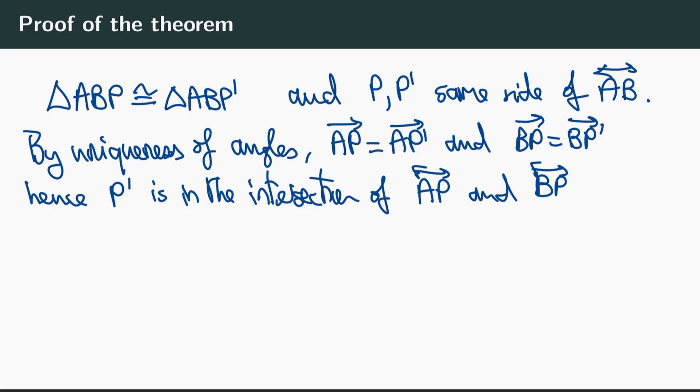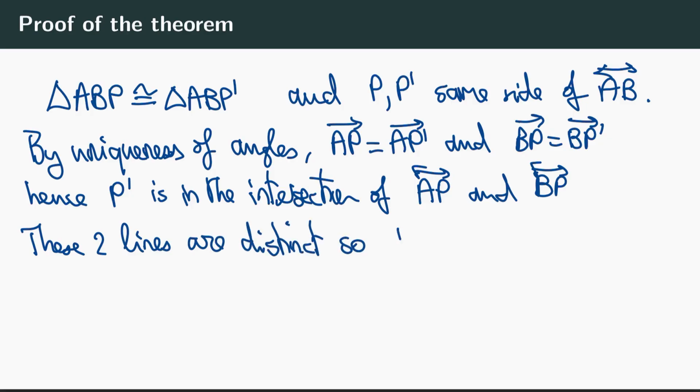These two lines are distinct, so P prime has to be the only point of intersection between them, which means it has to be P. That proved this special case where T prime was the identity.